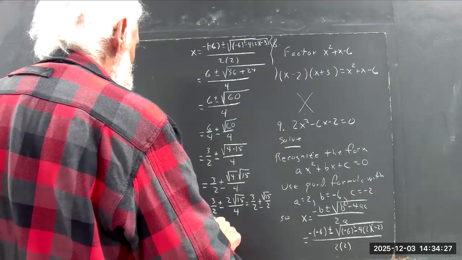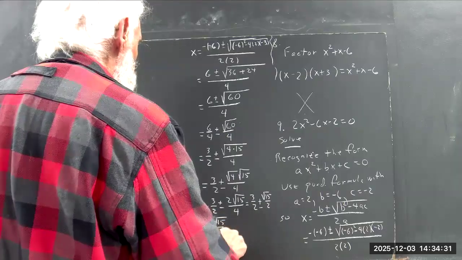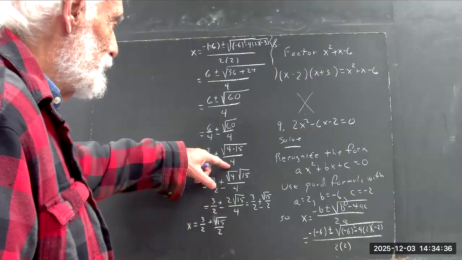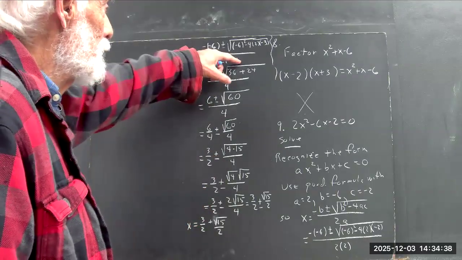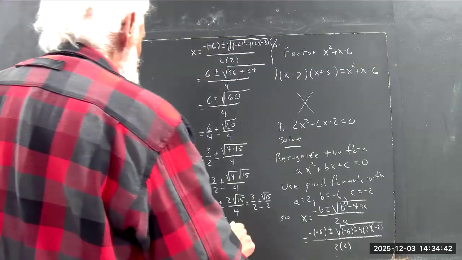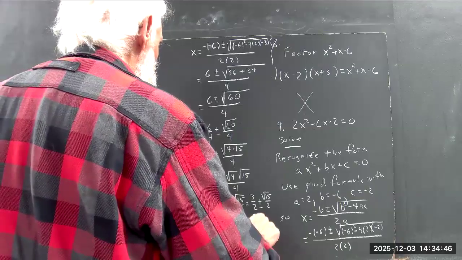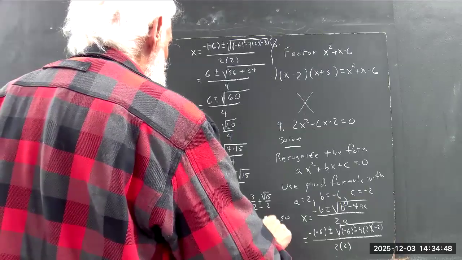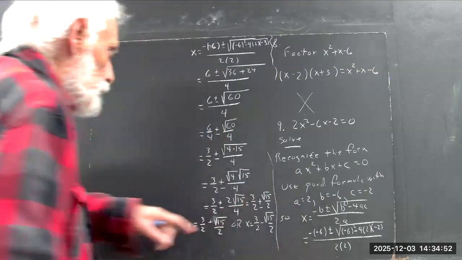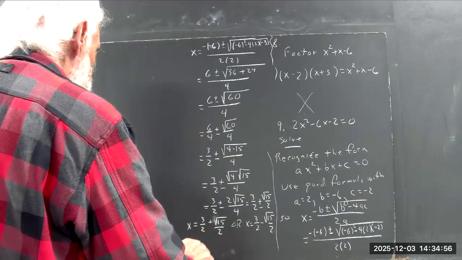So the solution would be 3 plus the square root of 15 over 2. Remember that 2 is not under the radical sign because it came from this, which is not under the radical sign. Or x is 3/2 minus square root of 15 over 2.